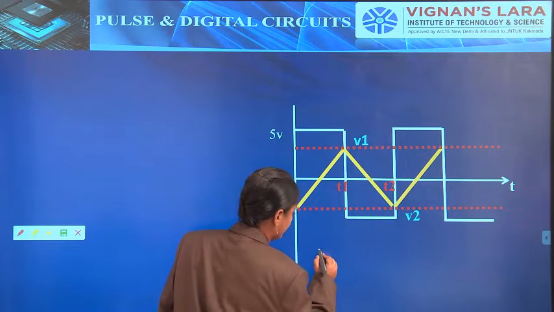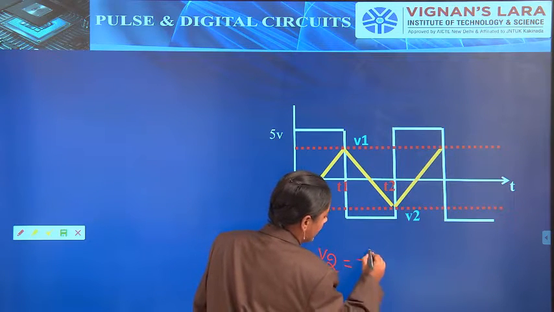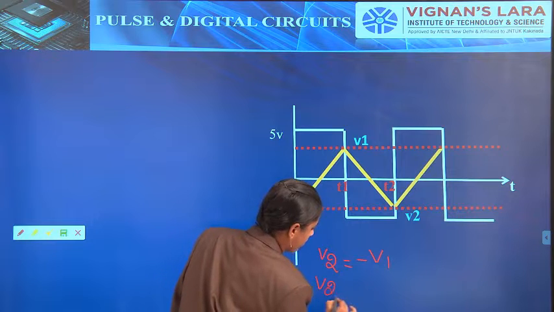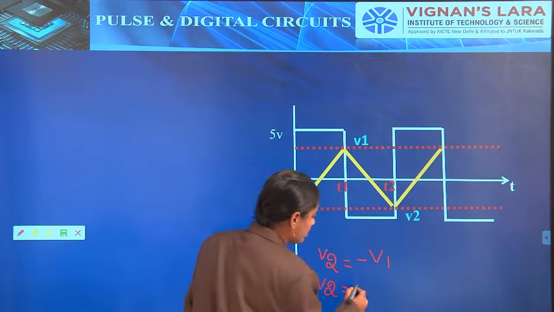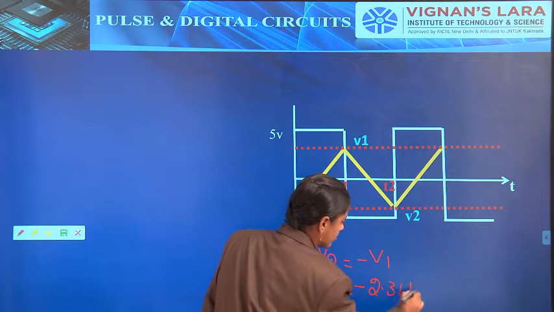So V2 is equal to minus V1, that is minus 2.31 volts.